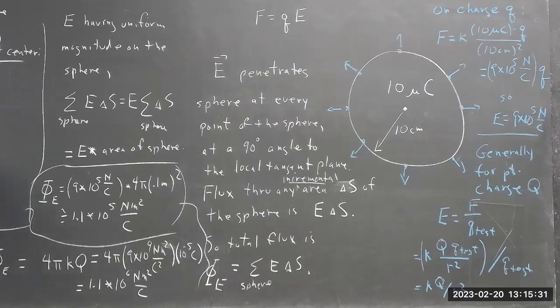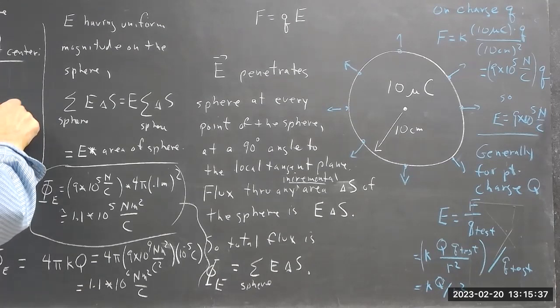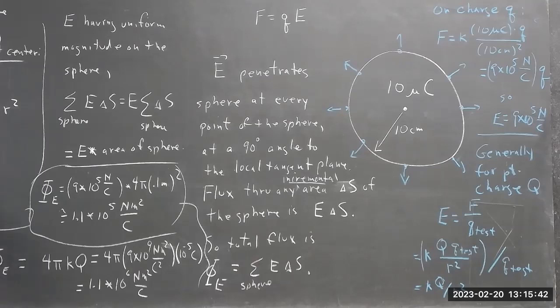And the area is 4 pi R squared. So the electric field times the area is kQ over R squared times 4 pi R squared, which is 4 pi kQ. Which means if these two are done accurately, they've got to agree. So you can figure out which one it is.